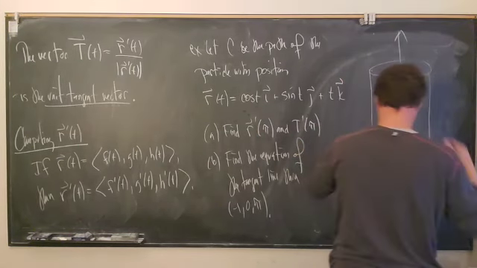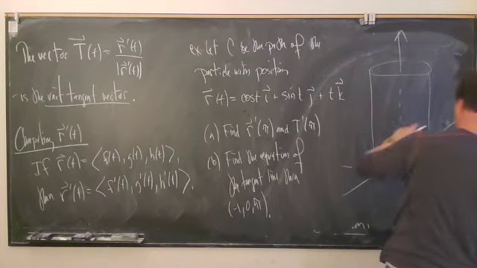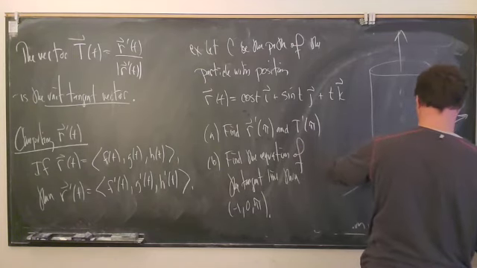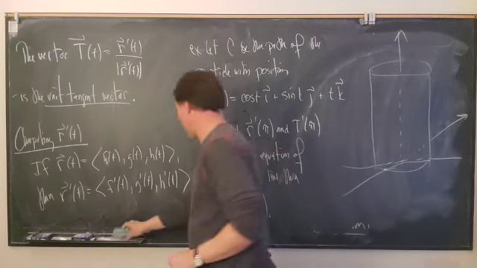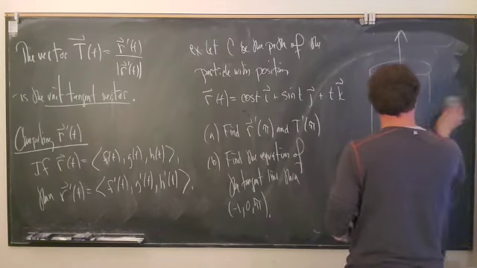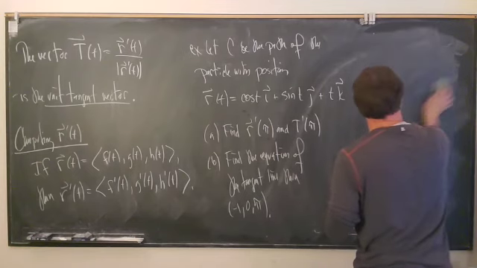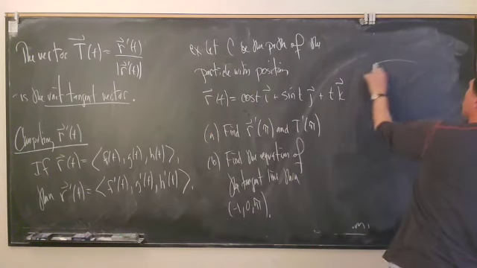So imagine now, as you go around, there's the negative axis coming around the back. I want to interpret this geometrically before we actually do the computation.